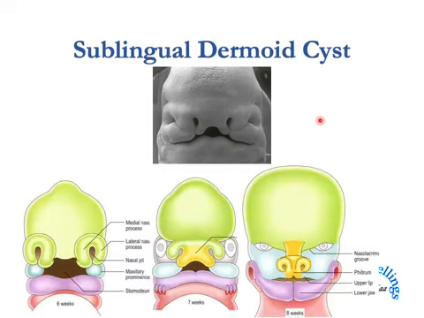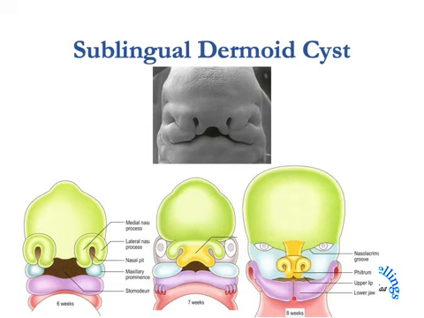We will not go through development of the face in detail, but just to say that we have some of the processes, something called frontonasal process, two maxillary processes, and two mandibular processes. Just to say at the end that these mandibular processes from right and left will fuse in the midline.